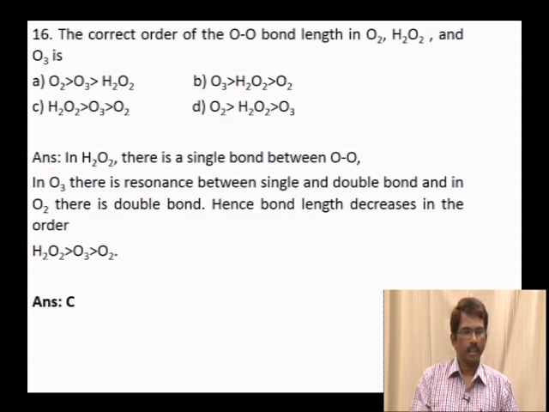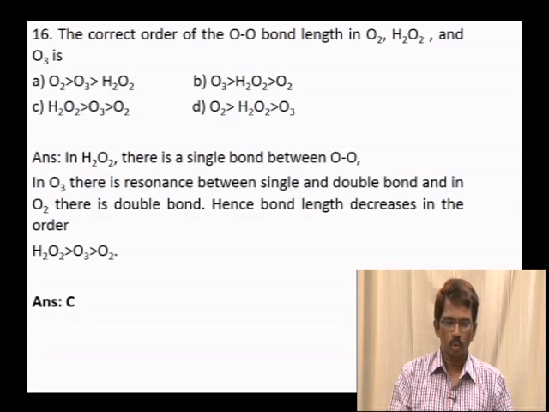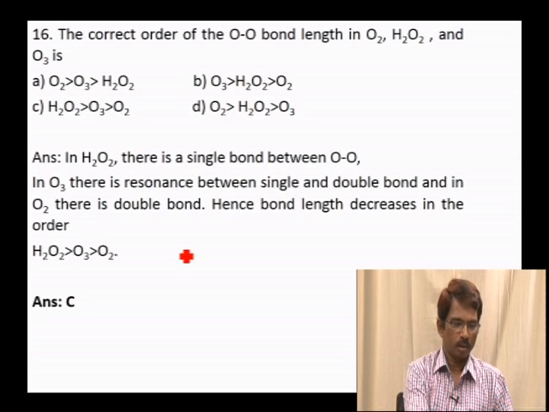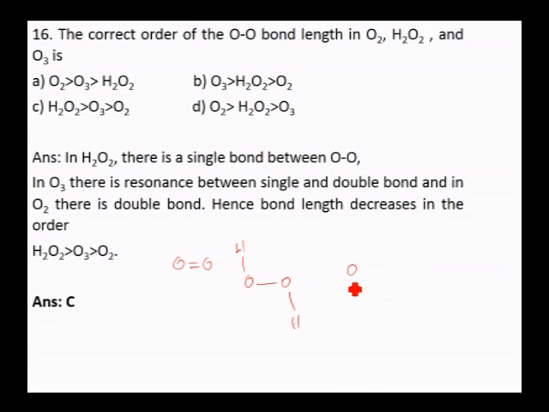Into 16, the correct order of OO bond length in O2, H2O2 and O3, the options are given. You know, in O2 molecule there is a double bond between two oxygen atoms, and the structure of H2O2 can be written like this. You have got a single bond between two oxygen atoms, whereas in ozone you have got a partial double bond because of resonance.